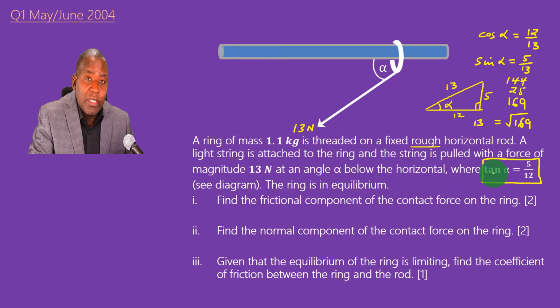When an angle is given as a ratio, do not work out that angle. Rather, draw the triangle here and use Pythagoras theorem to work out any of the sides, and then keep them on standby because you will need them.